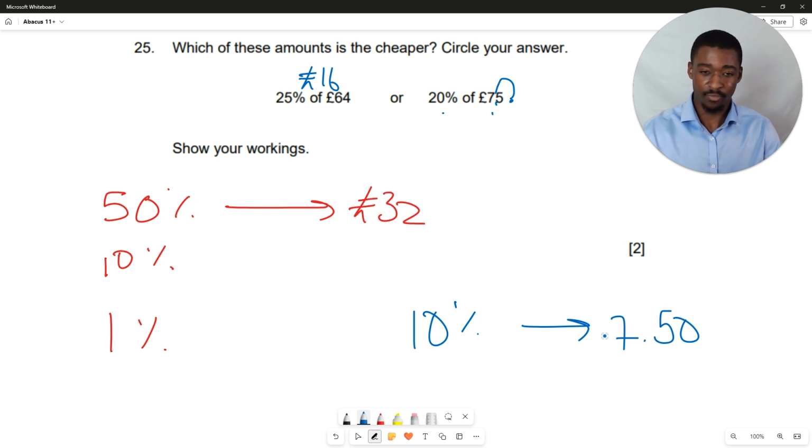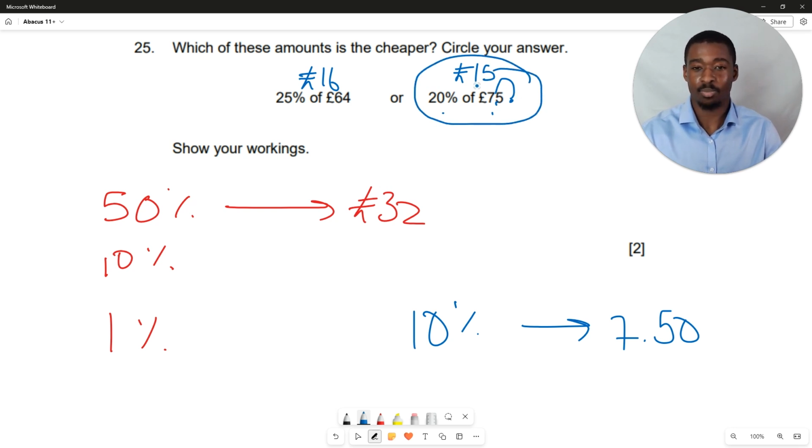And if 10% is £7.50, then 20% is going to be double of £7.50 or £15. So we can see it's very close, but the boxer in the right corner just wins by £1 difference. The winner is 20% of £75. This is the smaller, cheaper amount.